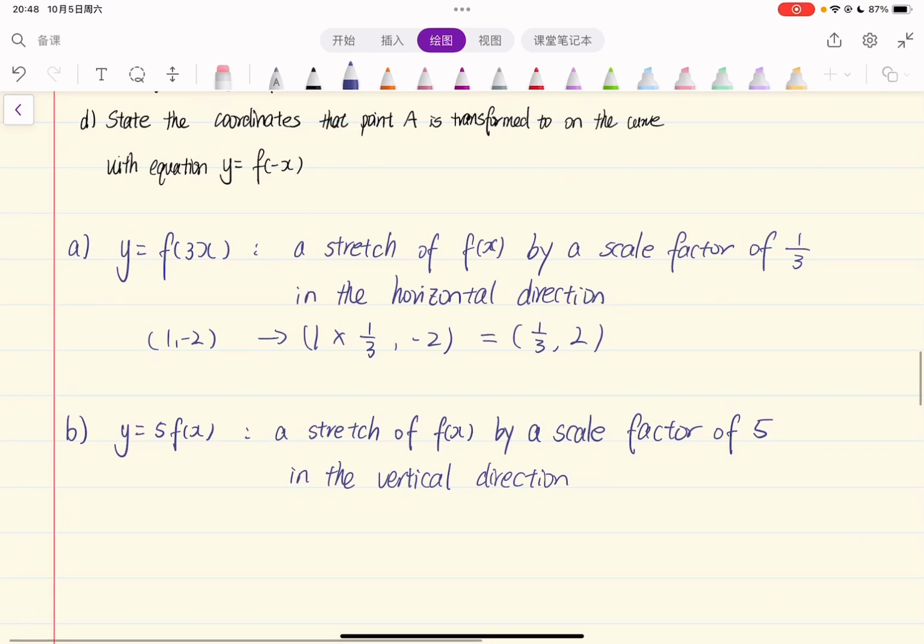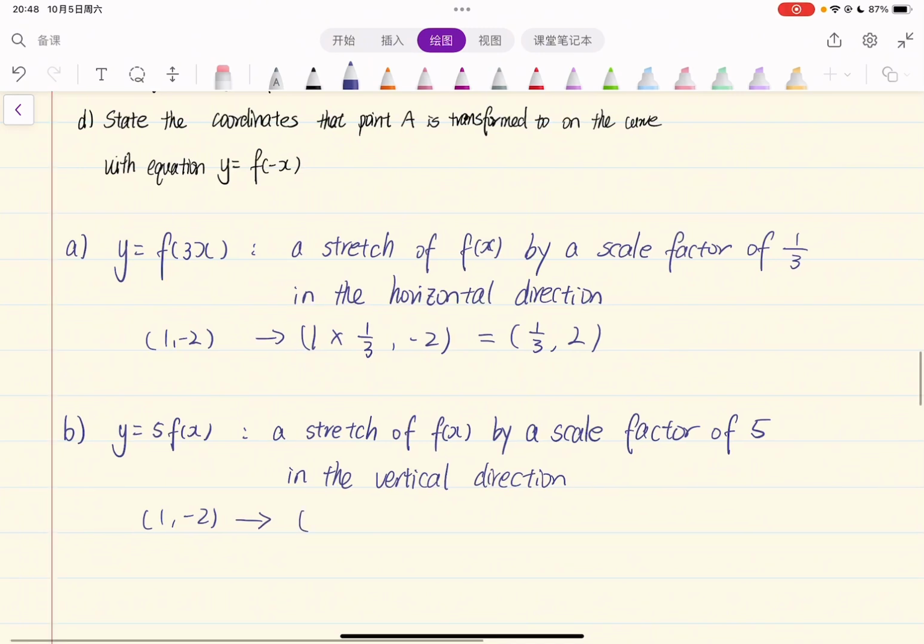The point (1, minus 2) becomes (1, minus 2 times 5), which equals (1, minus 10). That is the new point. It only changed the y coordinate.